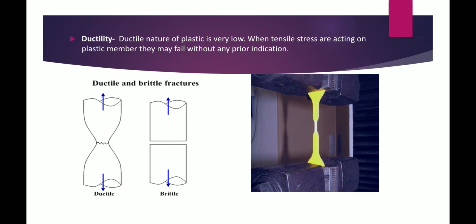And as you can see here in the picture on the left, you can see the ductile fracture, and you can also see a brittle fracture. And here you can see a plastic under tensile stress, and the reaction is a ductile fracture, as you can see here.